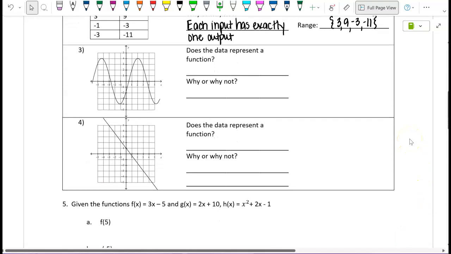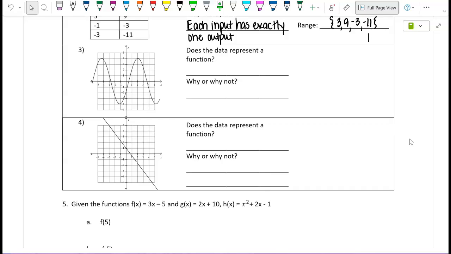If I hold my pen or pencil vertically, which is straight up and down, and I run it across the graph from left to right, am I only touching the function at one point at a time? Now, the part of that you have to remember, the vertical line would not be as wide. So think about it, am I just touching at one point at a time? I don't have 2 points at the same x.